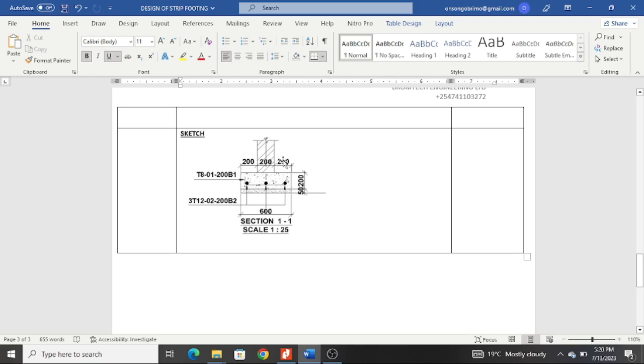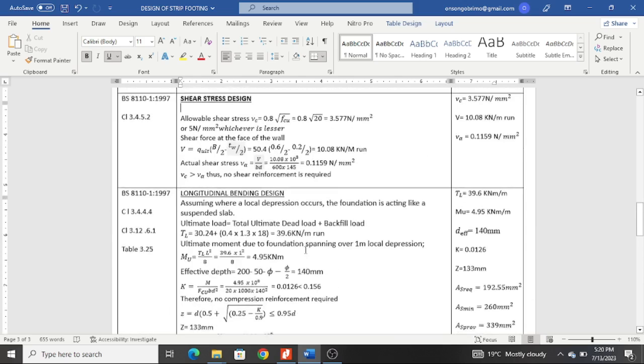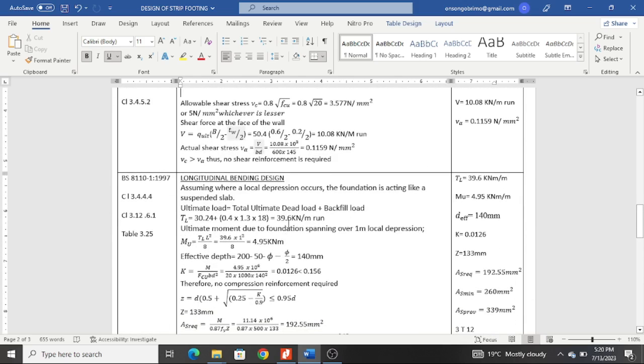The load of this soil is being transmitted to this strip. So we add the load of that. This will give you 39.6 kilonewtons per meter run of your strip. Therefore this is the loading you have per meter run of the strip.